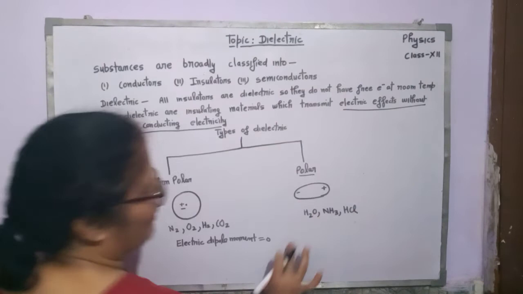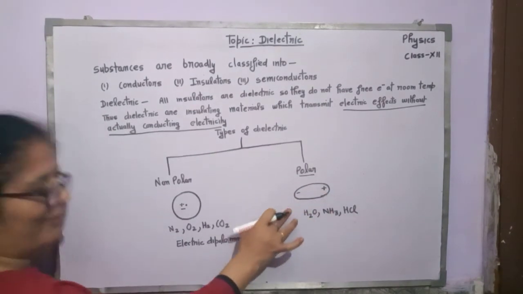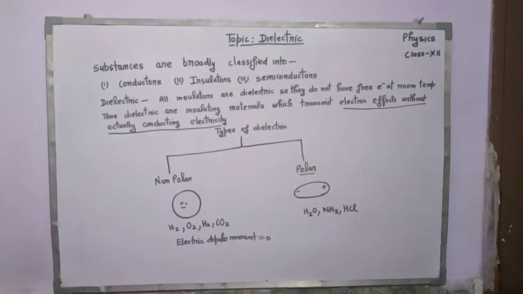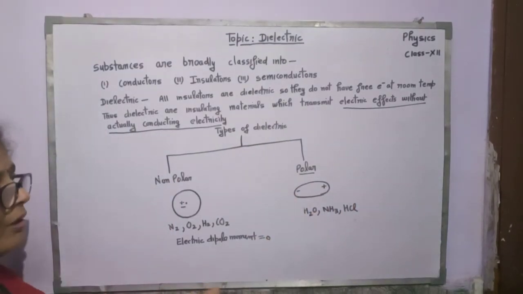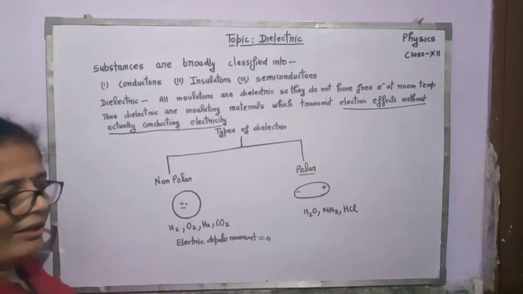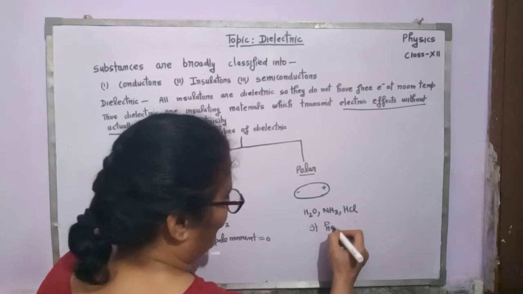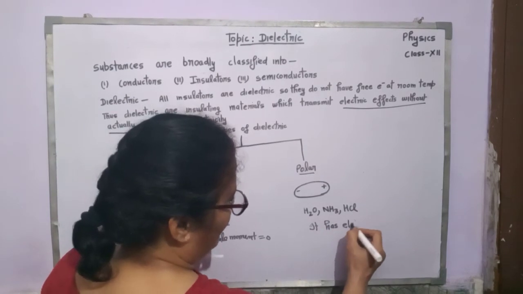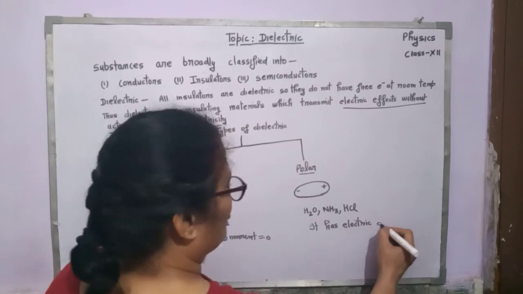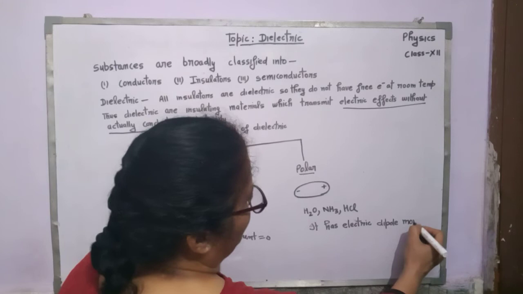But in the polar case, one end is positive, the other end is negative. It is treated just like an electric dipole. Therefore, it has electric dipole moment, because the center of the positive and negative charge do not coincide with each other.